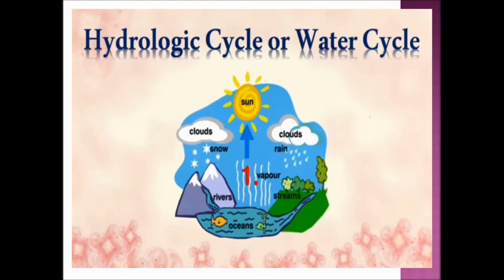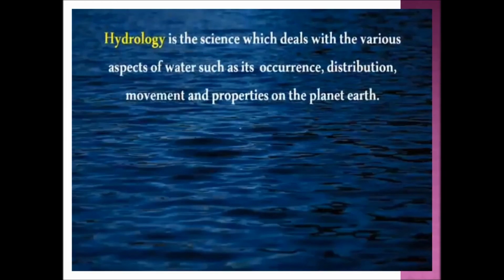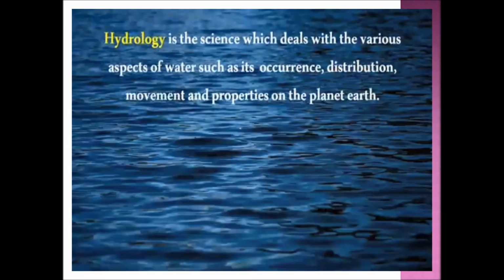Next, we are going to learn about the hydrologic cycle or water cycle. Now we are going to see the definition of the hydrologic cycle and what are the phases involved in the water cycle. First, let's see what is hydrology.